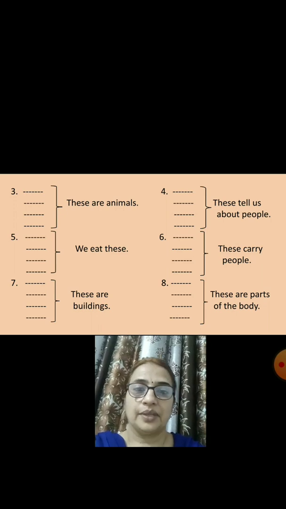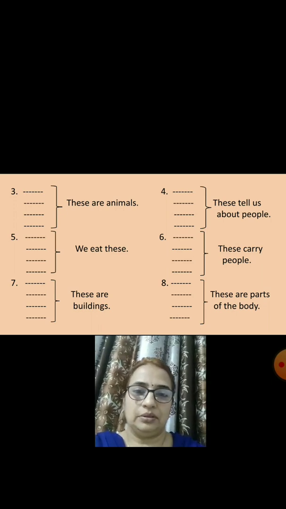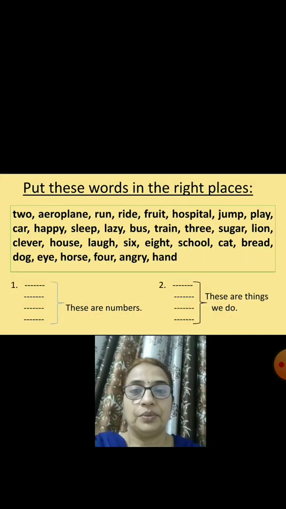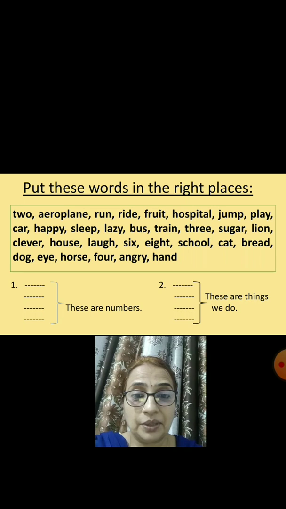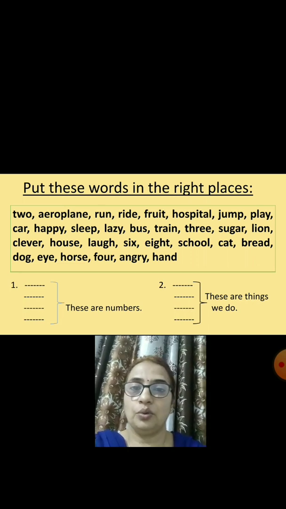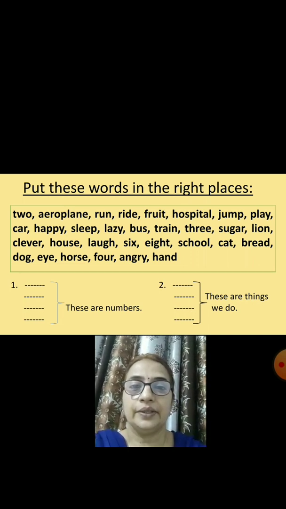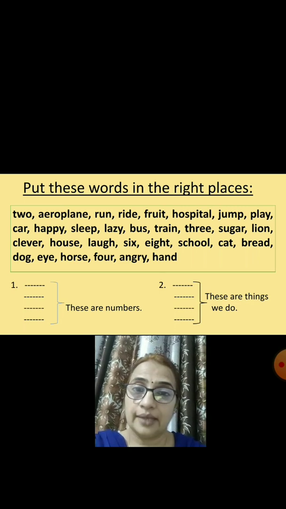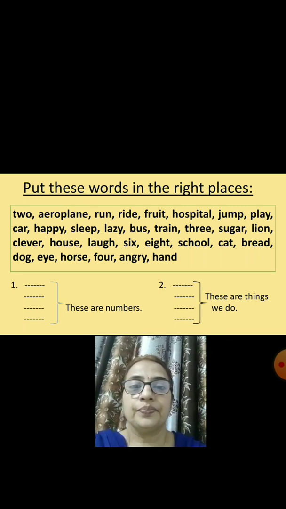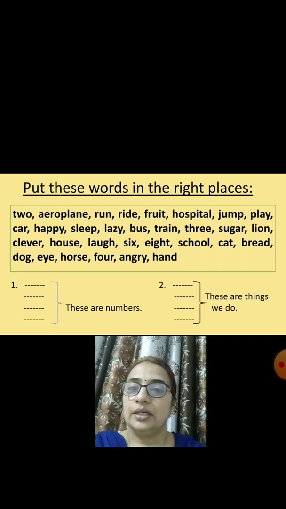Sixth question. These carry people. Now we have to see the words which show that these carry people. Which things carry people? Aeroplane. Then one more word in the first line? No, it's not there. Second line, train, bus. Third line, it's not there.